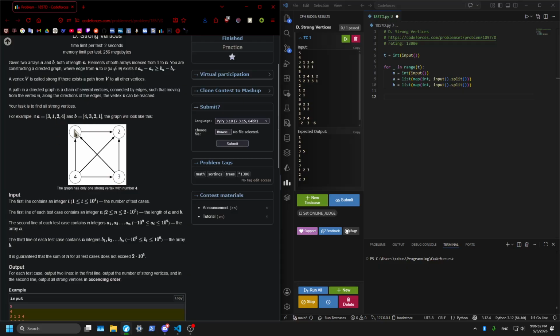1, 3. So it's like this, and 2. What does that mean? AU minus AV. BU minus BV. An edge from 3 to 1.